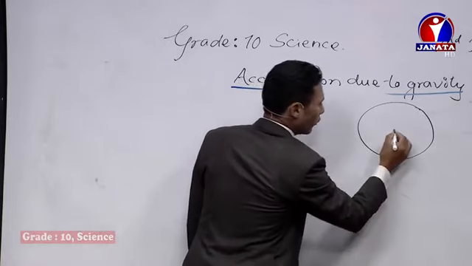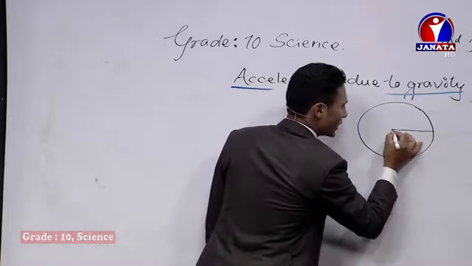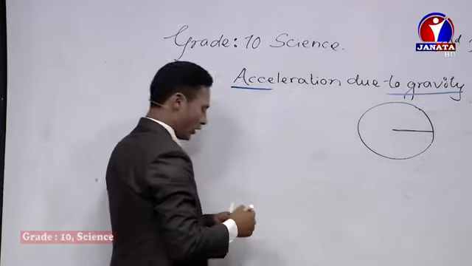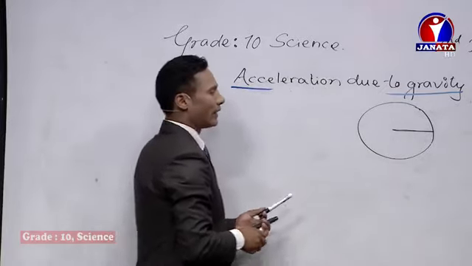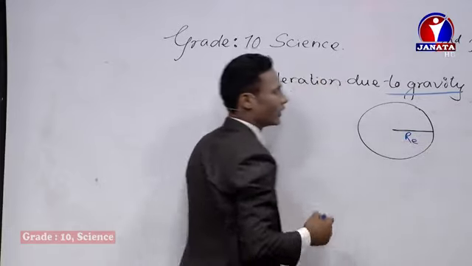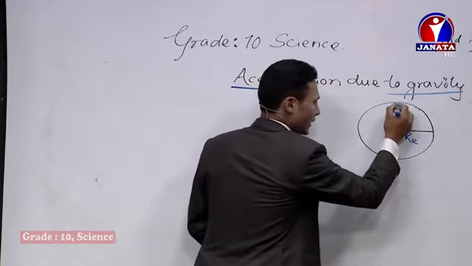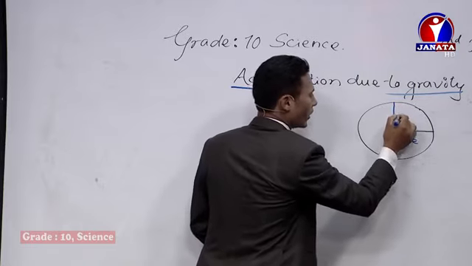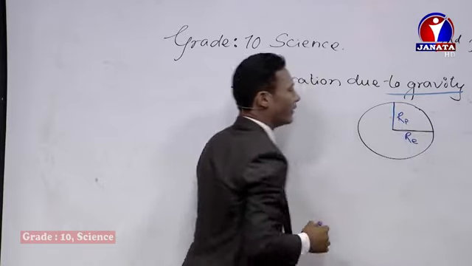The radius here is called the equatorial radius, and I will represent this by r, the equatorial radius, and this radius is called the radius of the polar region.